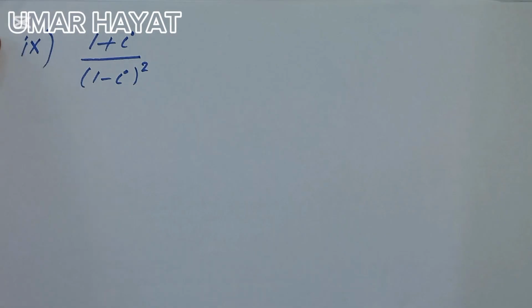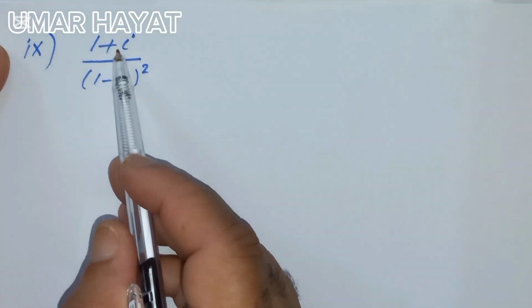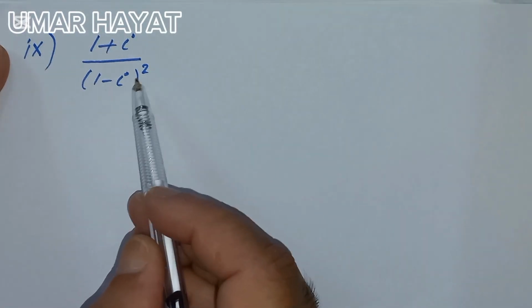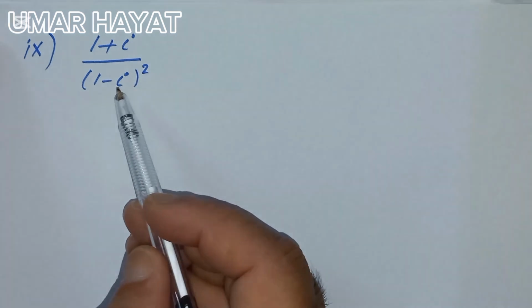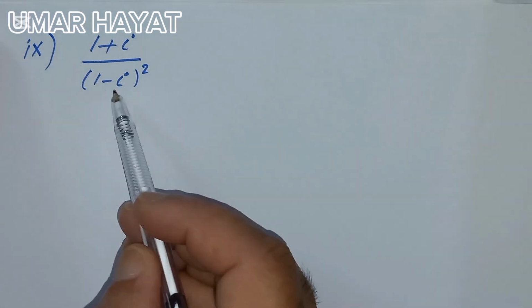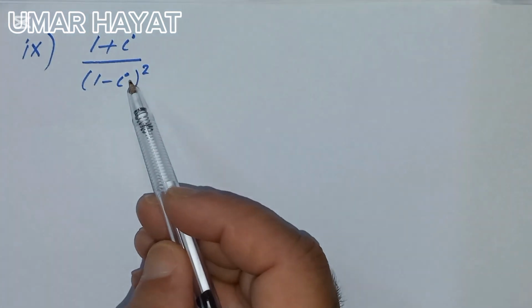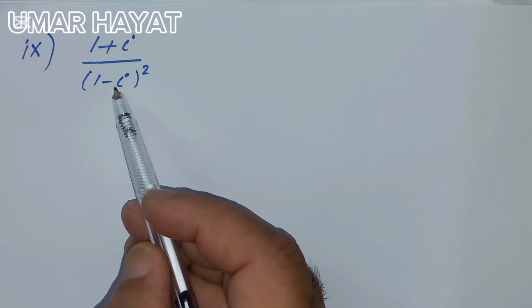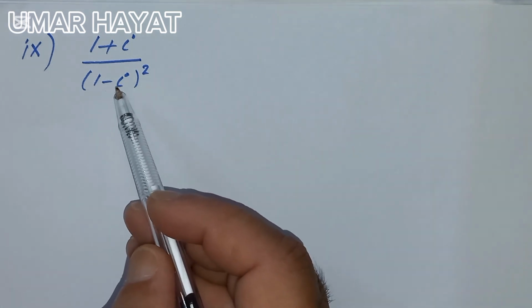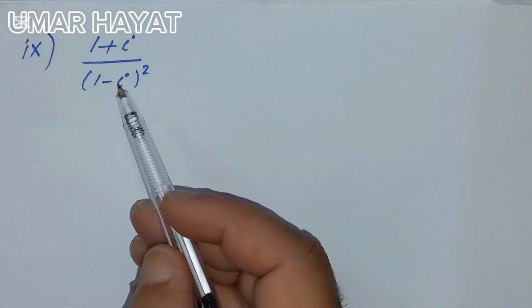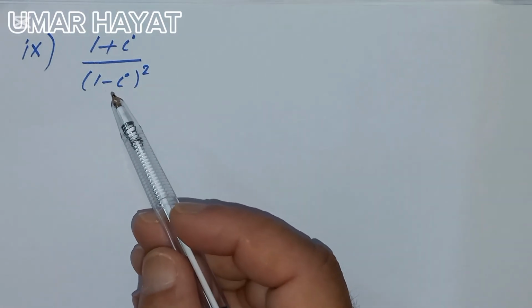Next is part number 9. In this part the given is ((1 + i) / (1 - i)) whole square. In the denominator we have (1 - i) whole square. So first we will expand according to an algebraic identity, and after expanding we will multiply the numerator and denominator by the conjugate of the denominator.